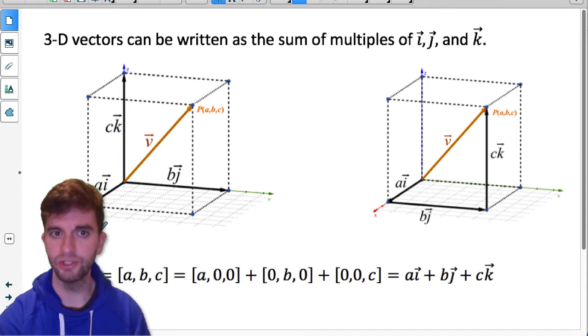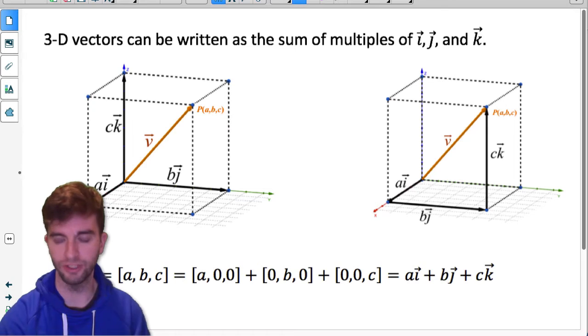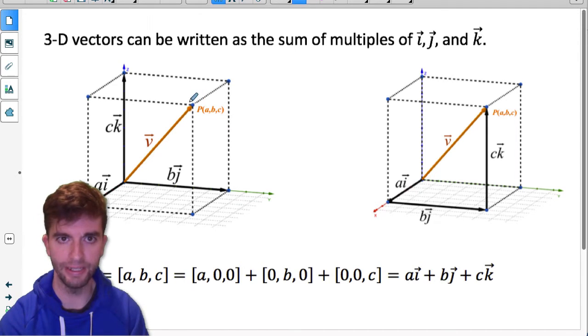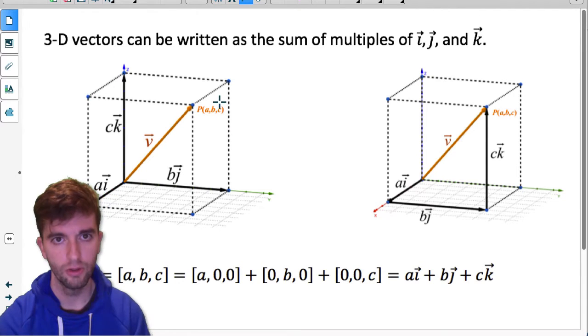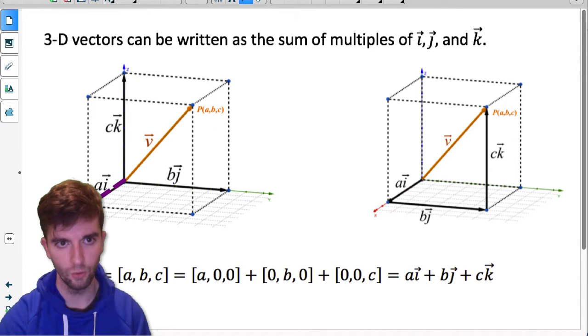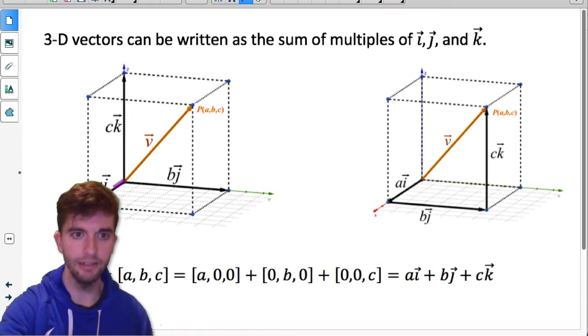So this just shows you that we can write any vector as a sum of multiples of unit vectors i, j, and k. So this point right here, point (a, b, c), if that's where the tip of the vector is, we can create the vector that starts at the origin and finishes at that point by adding multiples of the unit vectors. So whatever the x component of this point is, in this case we'll call it a, this vector right here would be equal to a times unit vector i.